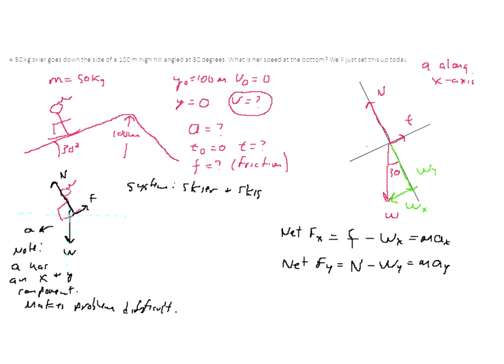So notice in this case, or actually we set it up here, that a is along the x-axis, a in the y direction equals 0. The skier is not accelerating up away from the hill, nor is she accelerating down into the hill. So in this case, we can say that's equal to 0. In a future lesson, we'll learn how to relate these two equations together.